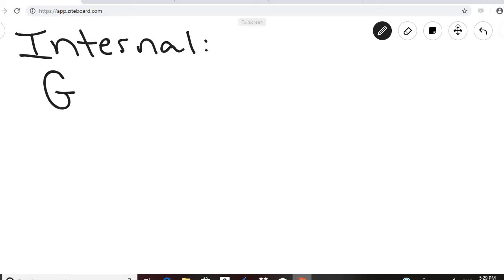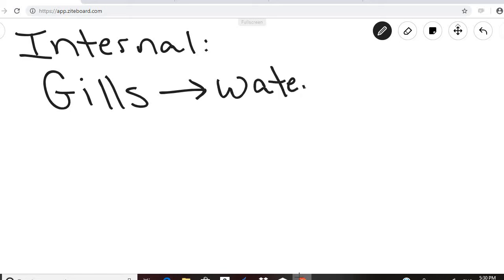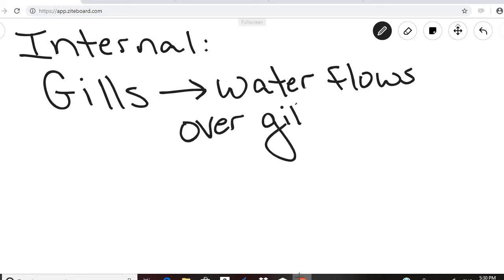The crayfish breathes through gills, and those gills are located in the cephalothorax. Basically the water flows over the gills, and the gills remove oxygen from the water.